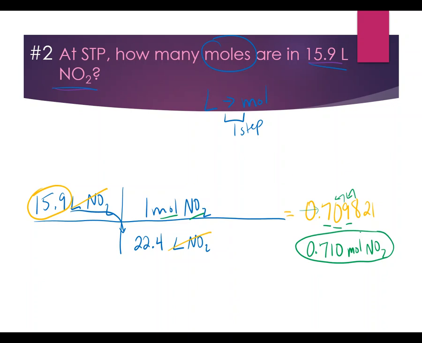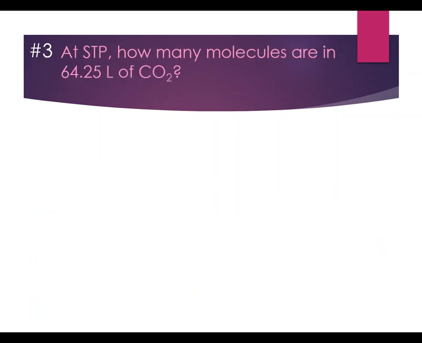And this would be the final answer. Like so. So far, the first 2 problems have been examples of just one-step conversions using the mole map. Now, you also should notice too in 1 and 2, the word mole is part of the problem. Let's look at one that doesn't have mole as part of the problem.